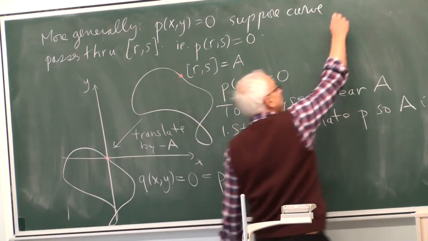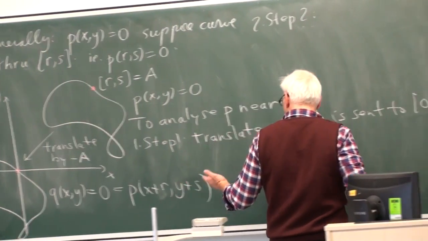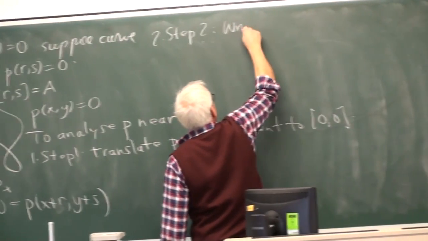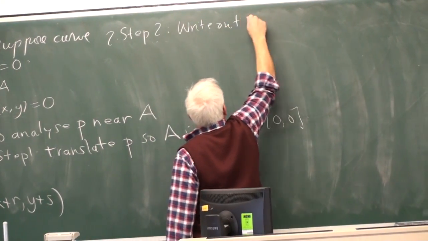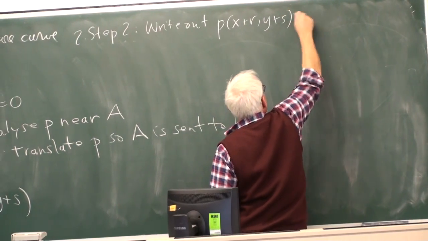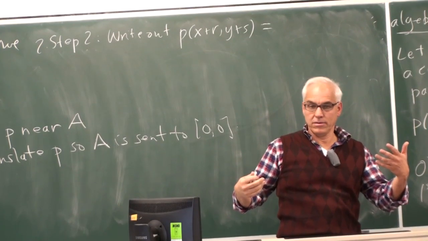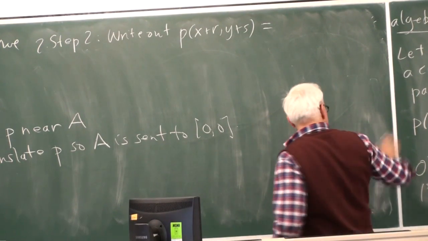So step 2 is write out P of x plus r, y plus s in powers of x and y. Just like here.